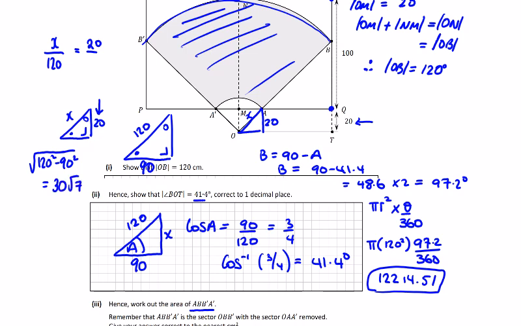So I leave it as 30 root 7. So x, the radius of the small one, is equal to 20 by 120 divided by 30 root 7. That will be 80 over root 7. It's very untidy.